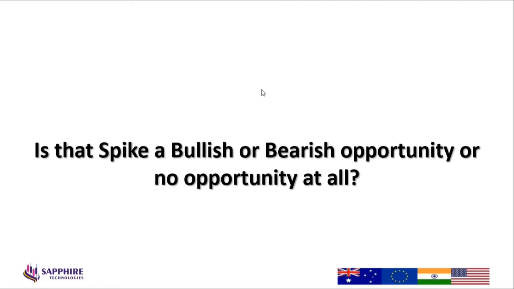So the question is, is it a bullish opportunity or a bearish opportunity or no opportunity at all? Bullish, obviously, you're expecting the price to go up following a spike. Bearish, of course, the price is going to go down, or it is no opportunity. That means yes, there was a spike, but there was no significant change in the price. It probably traded sideways for the next 2 or 3 months.